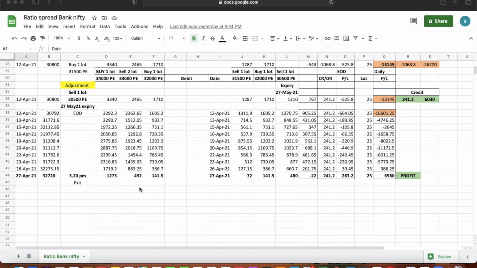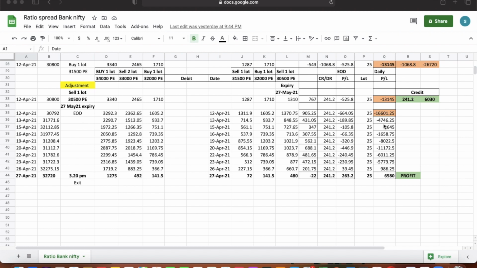With this adjustment, on 12th April we check, Bank Nifty at end of day was 30,792. We check the trade. The trade is still in the loss of rupees 16,601. On 13th April, Bank Nifty recovered and closed around 31,771. We checked the trade.